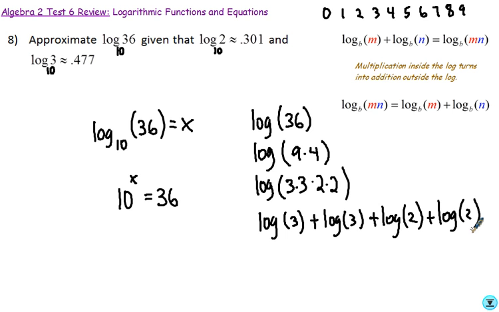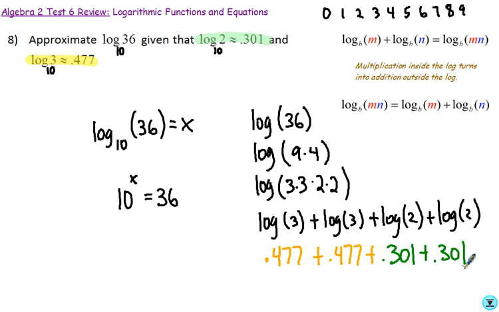I know what log 3 is, they tell me that. It's 0.477. So I'd have 0.477 plus 0.477 plus, and they tell me that log 2 is equal to 0.301, so I'm just going to substitute that in. So 0.301 plus 0.301.